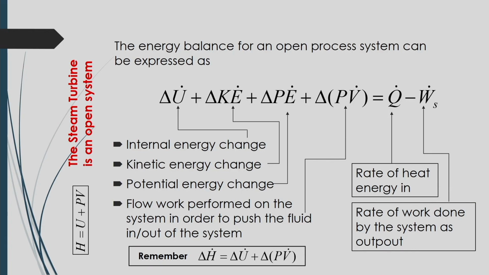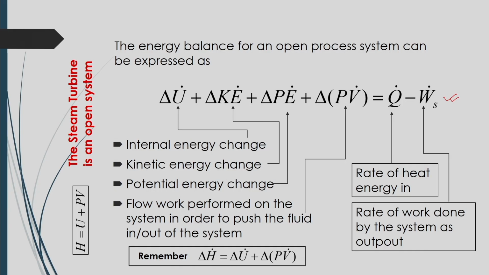So, before going to that we have to look back at the energy balance equation. We have described the energy balance equation in the form of internal energy change, kinetic energy change, potential energy change, and also flow work change based on pressure change and volumetric flow rate change.